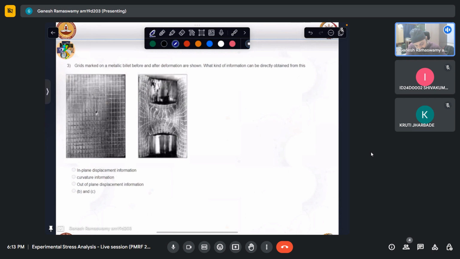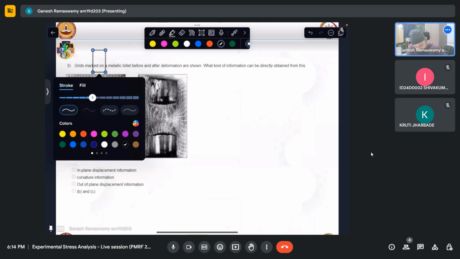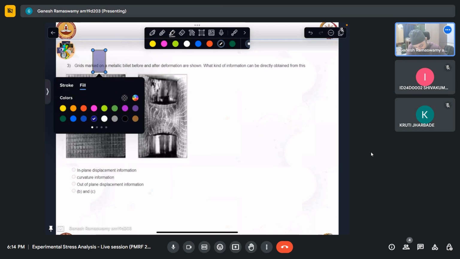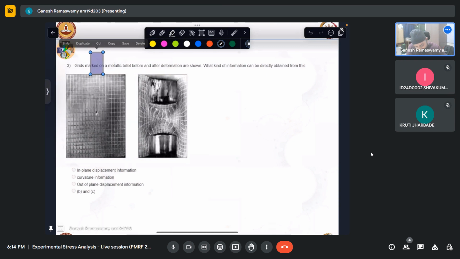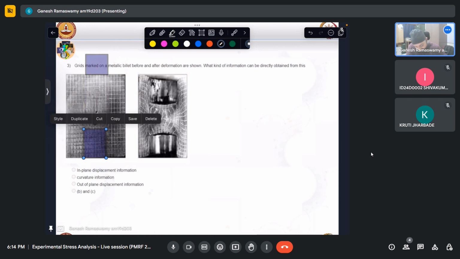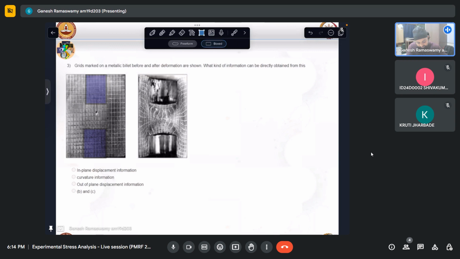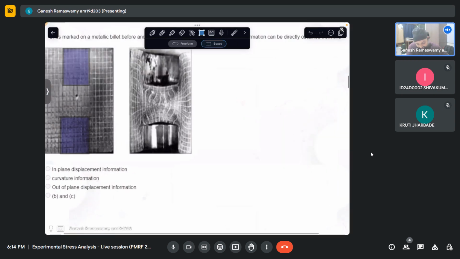Now, what we are essentially saying is there is an indenter like that and one like this, and then as it is loaded into it, we are able to see that such patterns emerge.